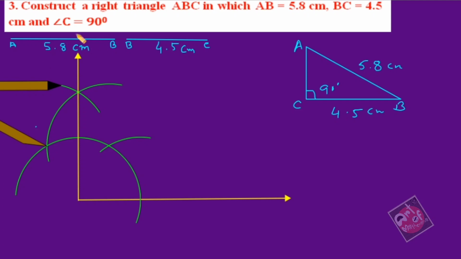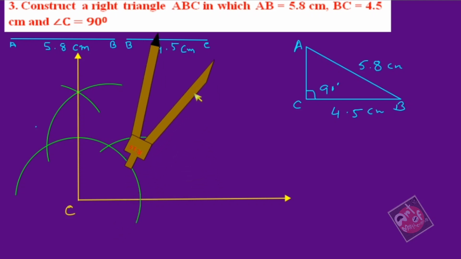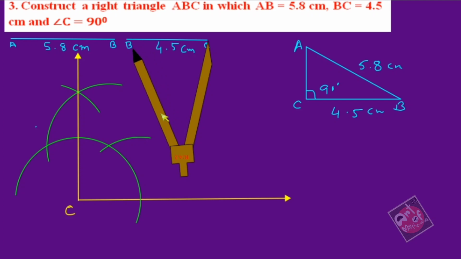So you know that angle C is 90 degrees, this is C. Now I have to cut, first it is better to do BC. From here it is C. In the base you can see that I have taken 4.5. So 4.5 centimeters I have to measure. Can you see that?